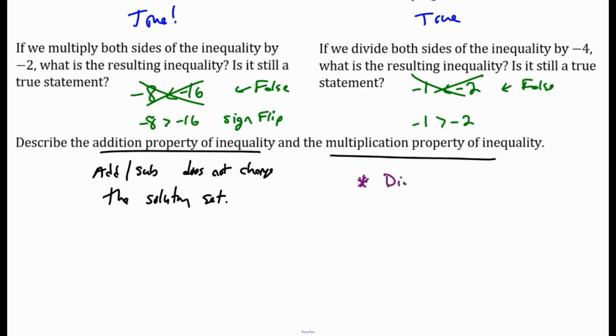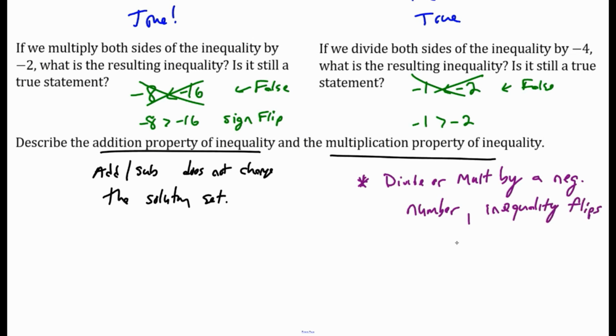If we divide or multiply by a negative number, the sign flips, the inequality flips. If you have a less than sign, it becomes a greater than sign. If you have a greater than sign, it becomes a less than sign. So be careful when we work with inequalities. If you divide or multiply by a negative number, the sign changes.